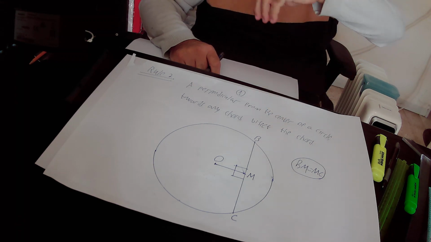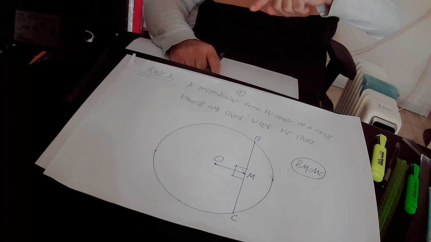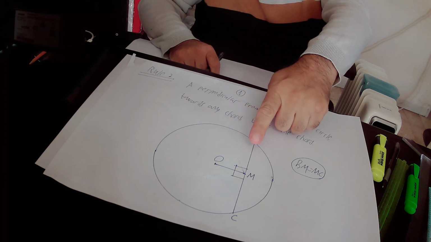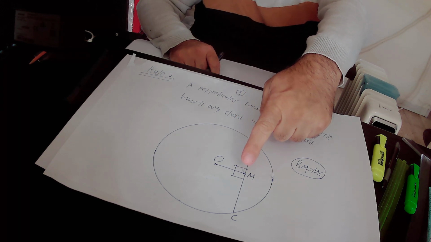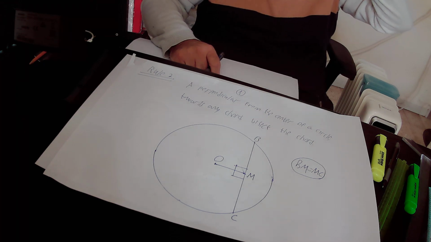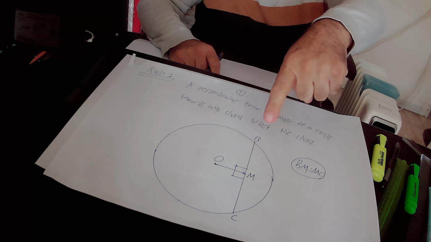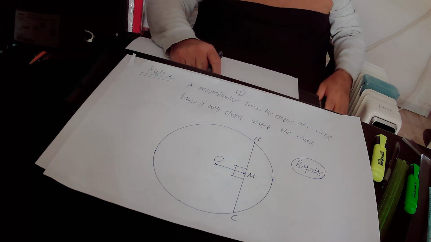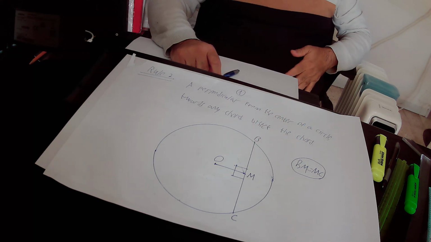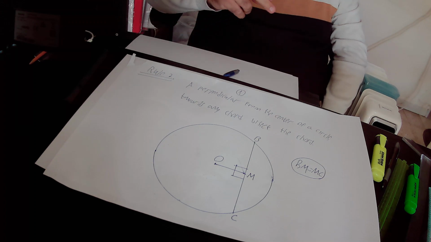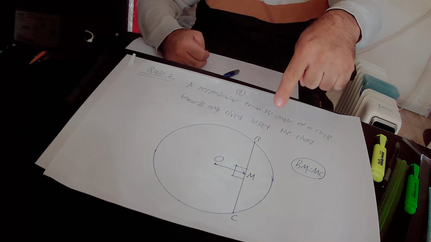Chord BC could be any chord. So this angle equals 90 degrees and this angle equals 90 degrees according to our construction. We define the touching point of the perpendicular from point O and BC as M. So the perpendicular OM according to this rule number 2 bisects chord BC.